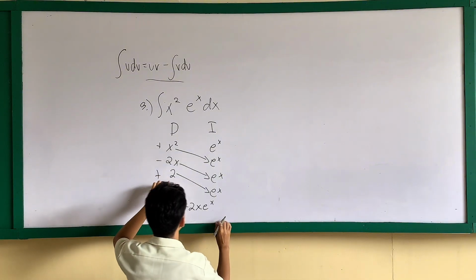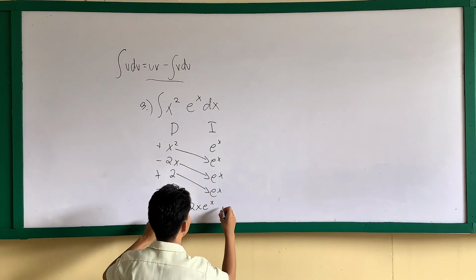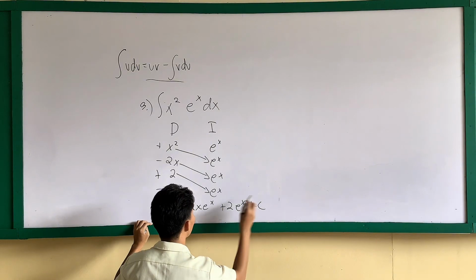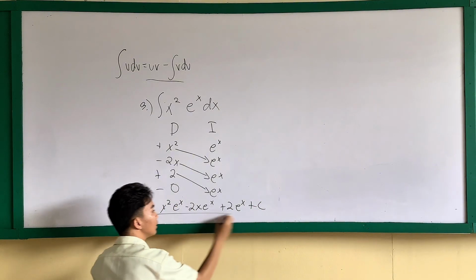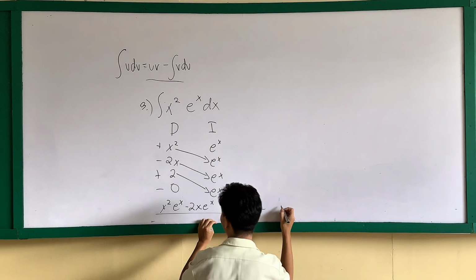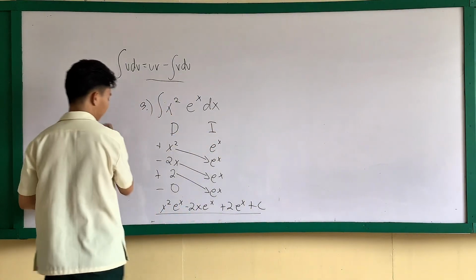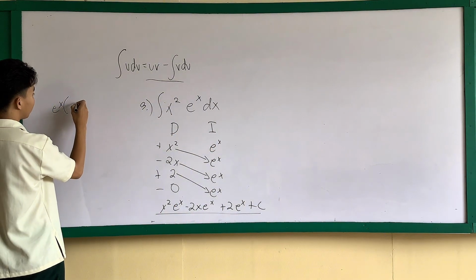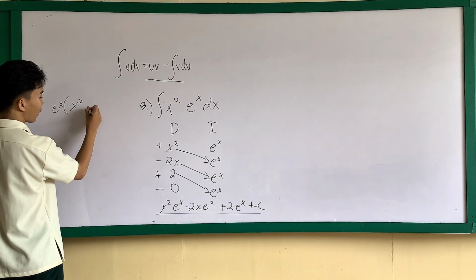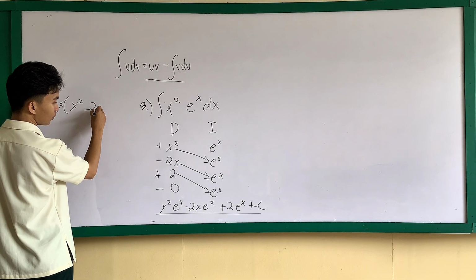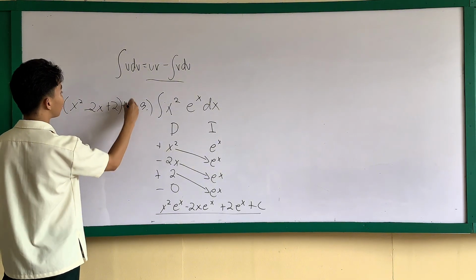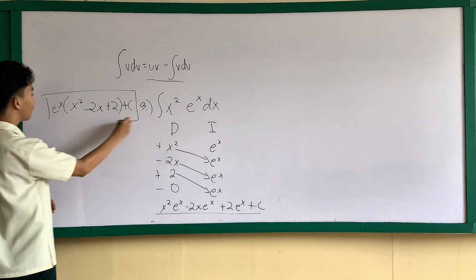Then next is 2 times e^x, which is positive 2e^x plus c. Or we can factor out the e^x, so it's going to be e^x times x squared minus 2x plus 2, plus c. So here is our final answer.